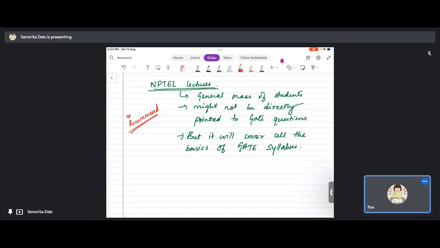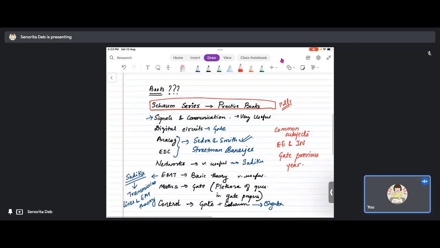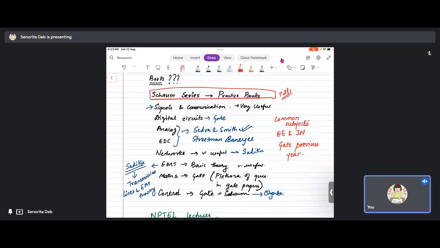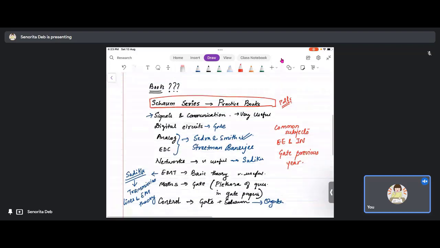So till now we have gone through the practice books you can take to practice questions, and here is the first point, which I should not have missed: GATE previous year questions. You can pick up the last 15 years.